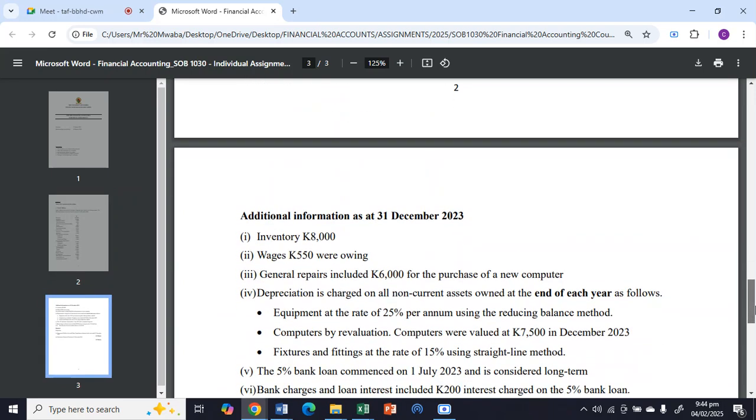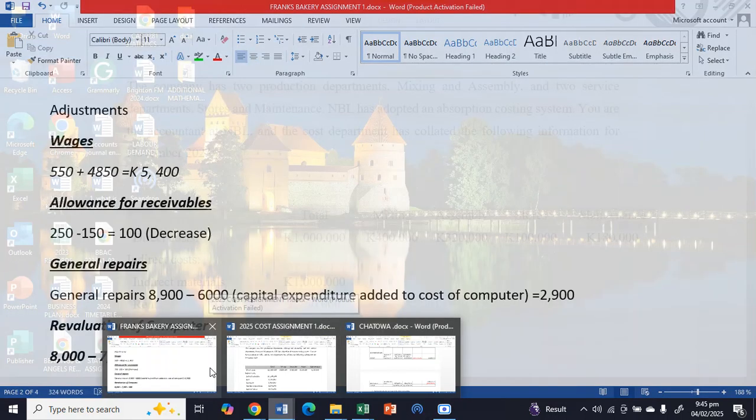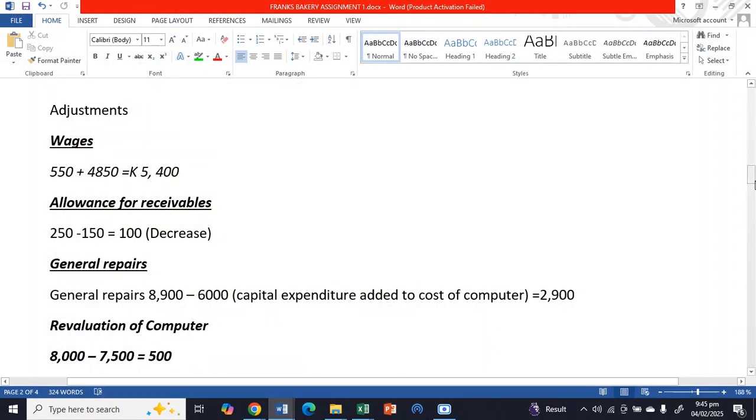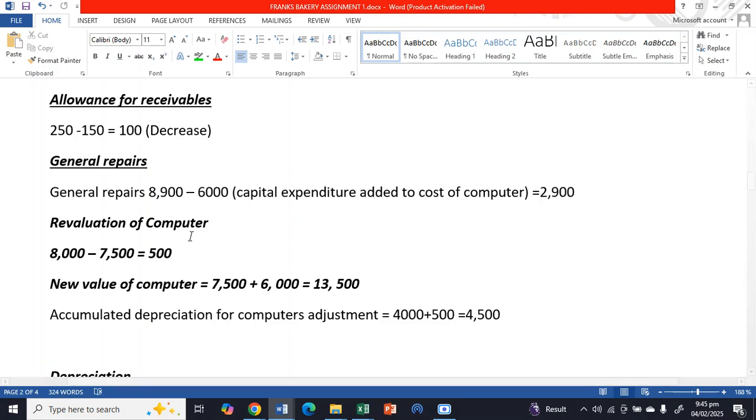Yes, I think it was this one. Computers by revaluation. Yeah, computers were revalued at 7,500. It was 8,000.